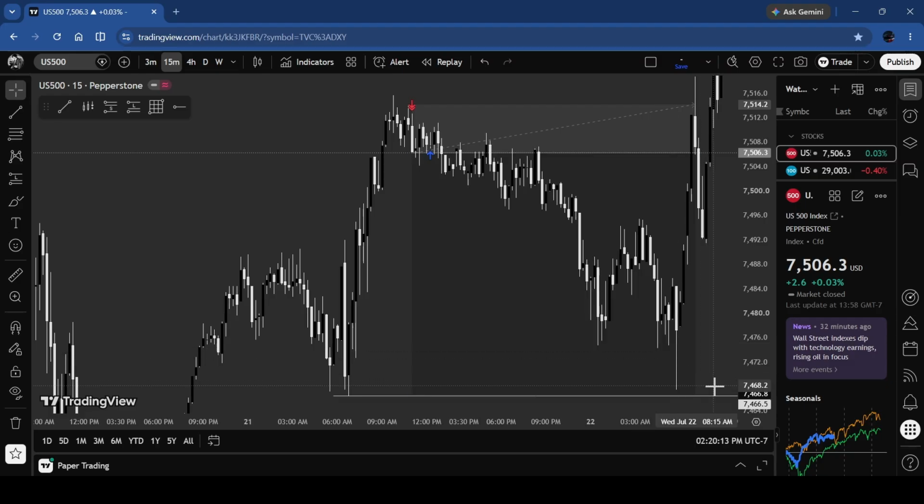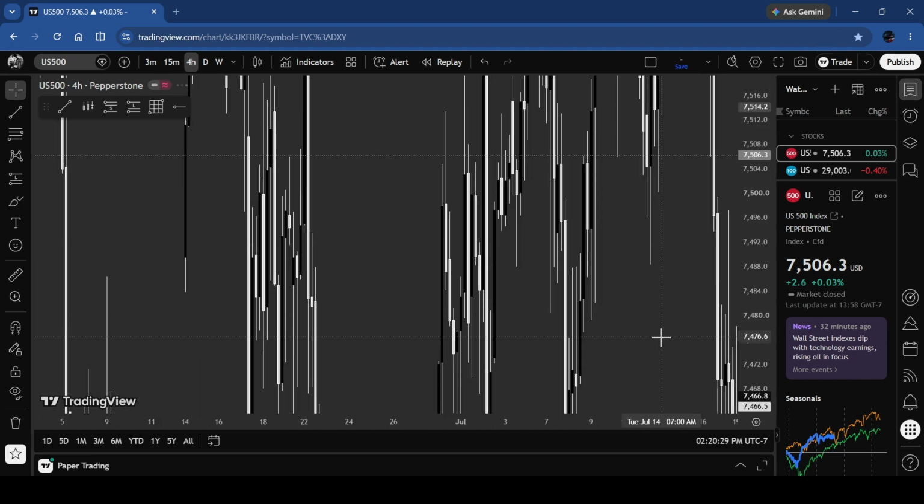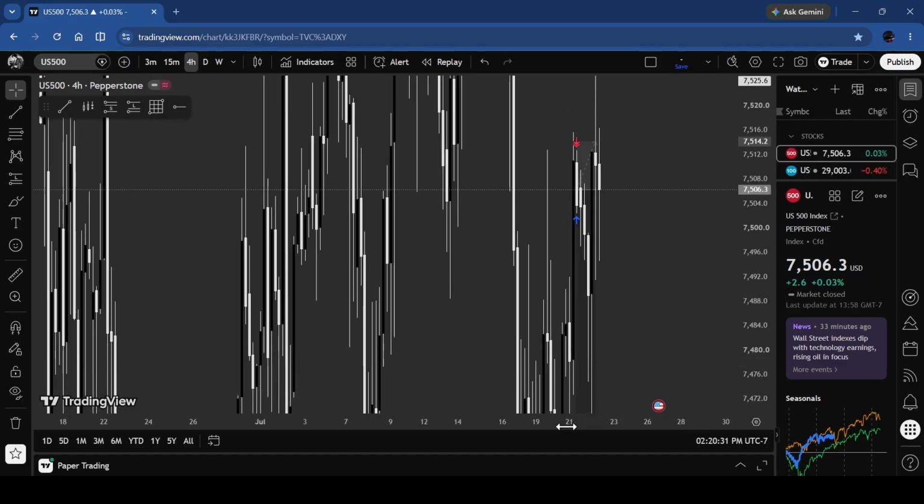So you have to notice which index is the strongest in the direction that you want, in the direction of your bias. There wasn't a 4-hour SMT divergence; price did the same thing.